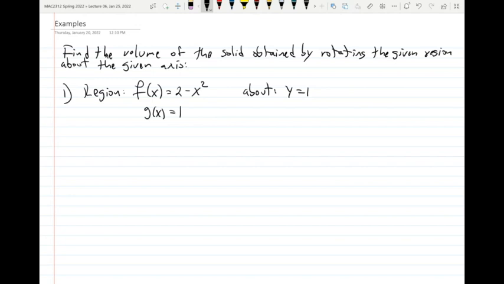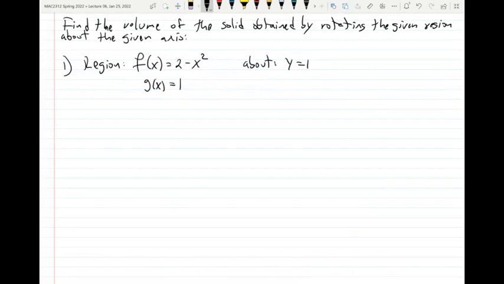Okay. All right. So again, step number one, sketch your region so you can see what's going on. You don't really need to draw the solid itself, but we need to sketch the region to really understand. So let's draw the function f. This is a parabola, right? That's facing down and it's shifted up 2 units, that's negative x squared plus 2. So the vertex is up here at 2. Let's say this is 1, this is 2.